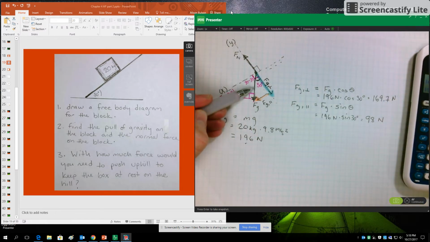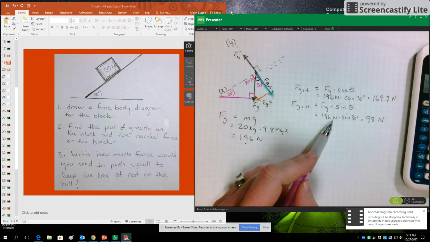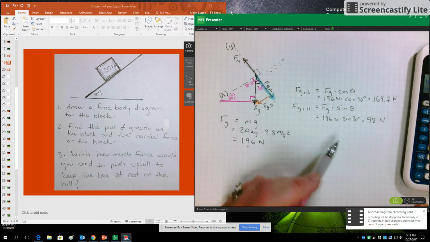Okay, so again, pull of gravity straight down. But straight down is kind of wonky to our new tilted axes. So I want to decompose this straight down vector into the plane, or perpendicular component, and into its parallel to the plane, or down the plane component. I've just done that in our usual manner.